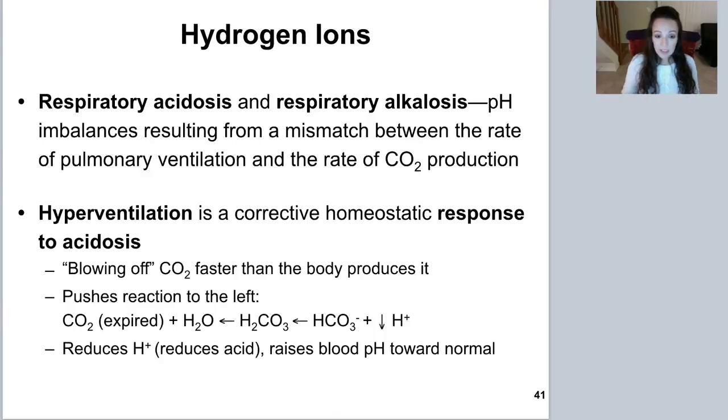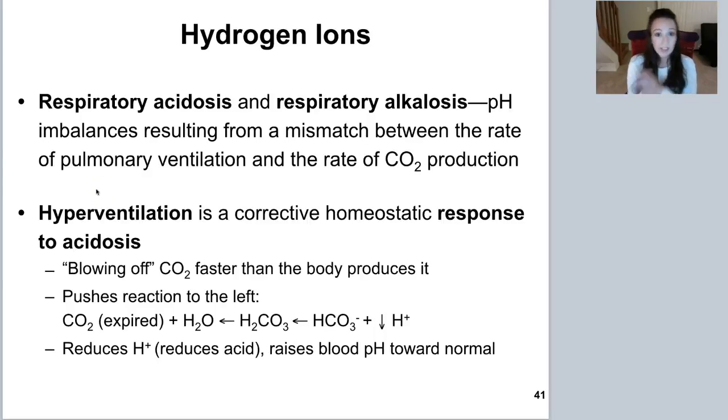All right, so this slide talks about respiratory acidosis and respiratory alkalosis. This is essentially what we've been talking about. It's pH imbalances that result from a mismatch between the rate of our pulmonary ventilation, how quickly or slowly we're breathing, and the rate of our CO2 production. So if we're producing a lot of CO2 in our body and we're not breathing fast enough to expel it, the CO2 will build up in our body.